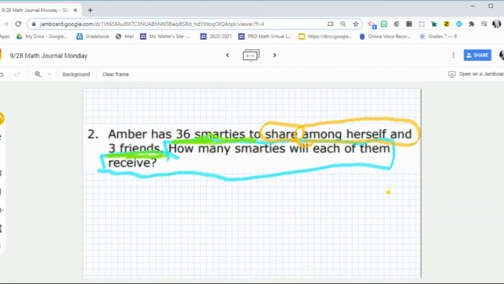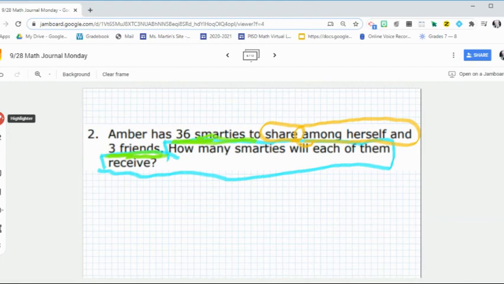Step 4, knock out any information you do not need or that is not important by crossing it out. This problem is pretty concise. Concise means it does not use a whole lot of words. So there's not much left over.